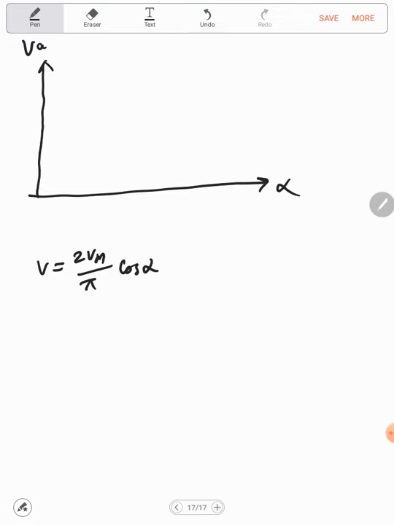So when alpha equals 0, we'll have the maximum, which is 2 Vmax over pi. So at alpha equal to 0, we will have V max, which will equal 2 Vm over pi, or Va, let's say.